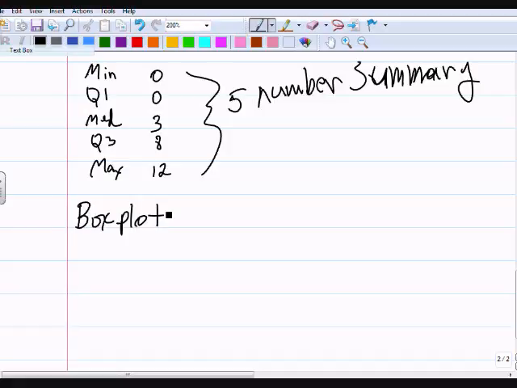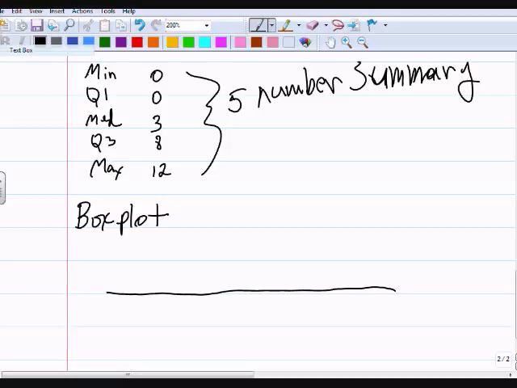Okay, a box plot. First thing I do to make this particular graph, and the only numbers I need, and we'll talk about outliers in a little bit, is I need a horizontal scale, and I don't use a vertical scale on this whatsoever.